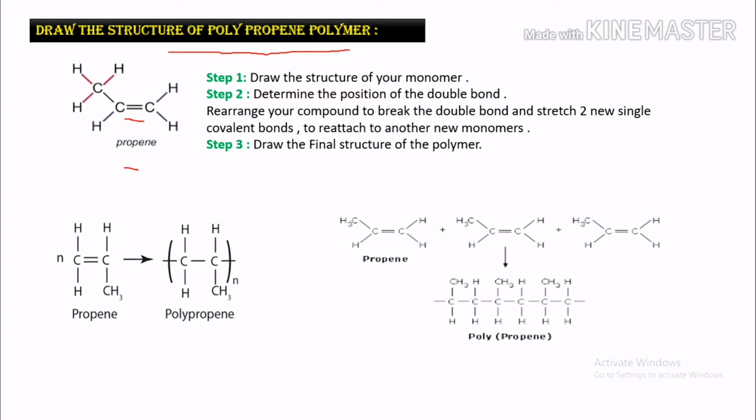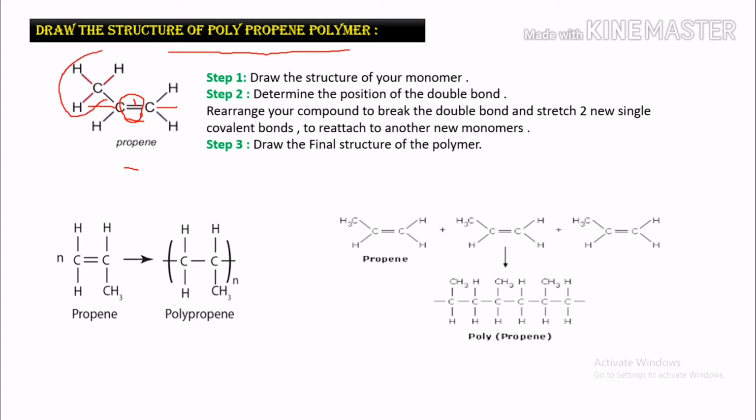We have 3 carbon atoms, and we have a double bond between 2 carbon atoms. Second step, determine the position of your double bond. Of course, we have a double bond between 2 carbon atoms. We must rearrange our molecule, because after breaking the double bond, we want to form two new single covalent bonds.